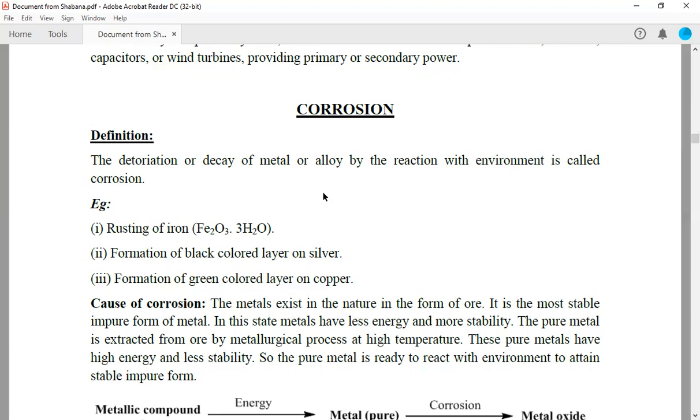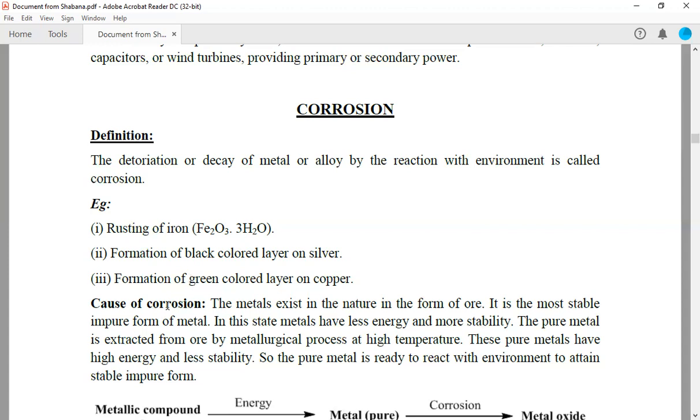For example, the formation of a reddish brown layer of rust on the surface of iron, because of the formation of Fe2O3·3H2O, is called the rusting of iron.